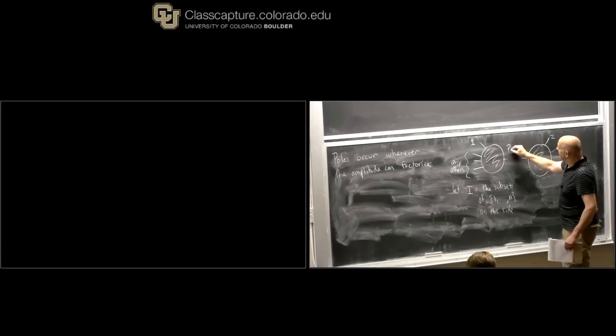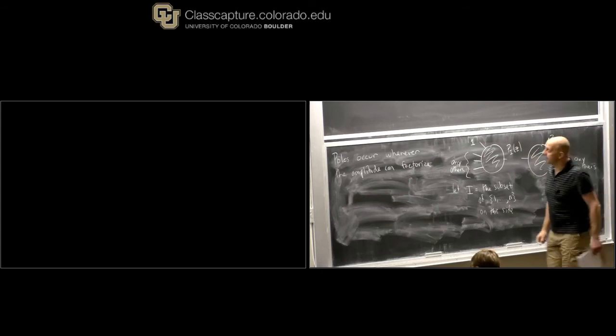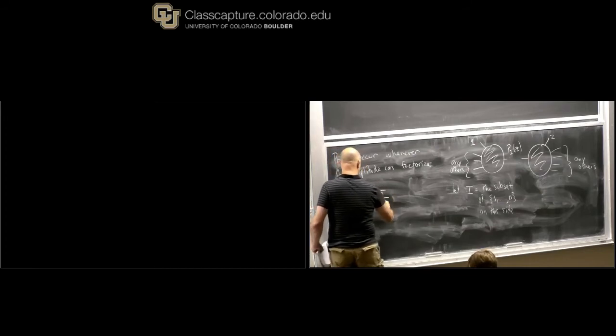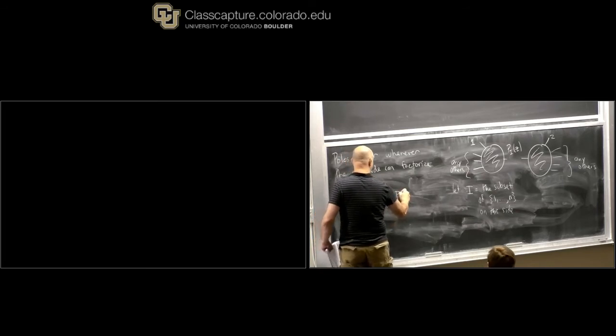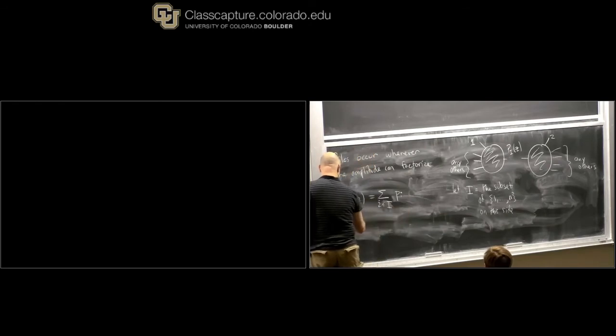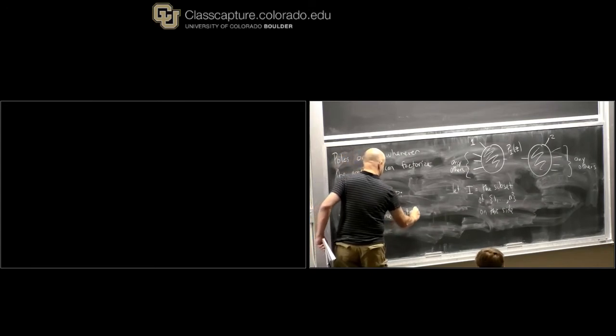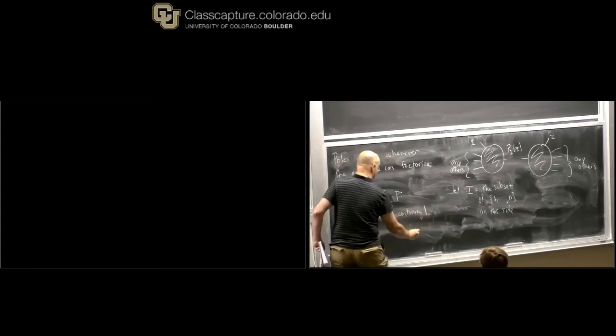Let's call the momentum flowing through here P_I of z. So specifically, P_I of z is the sum over i in I of p_i, where I is any subset containing 1 but not 2.